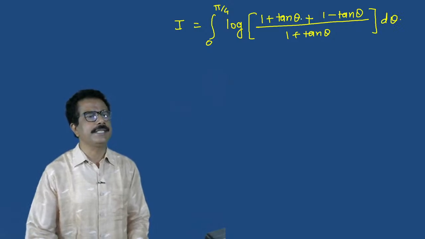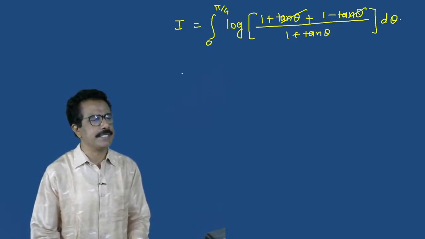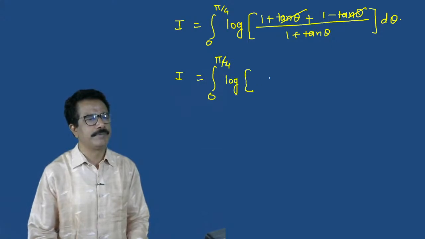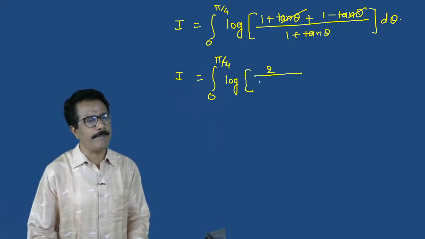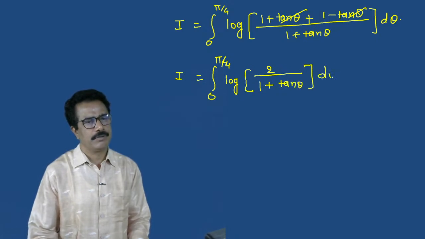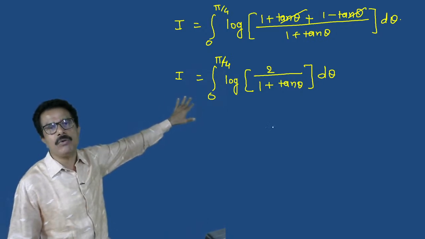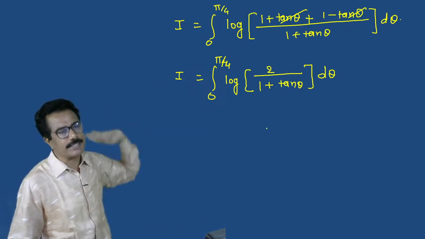So plus tan theta and minus tan theta get cancelled, so I can write the integral from 0 to pi by 4 of log of 2 upon 1 plus tan theta. Okay? Do you understand these steps? If you have any doubt, then you can ask me.